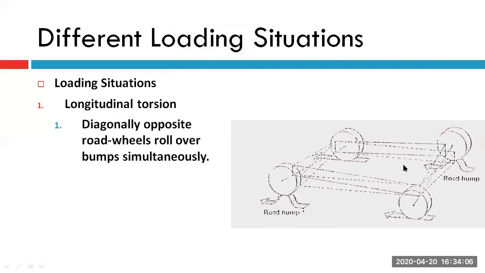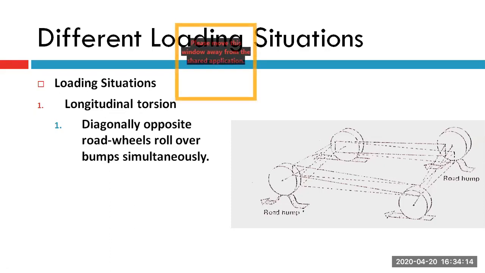This is a loading situation in which the vehicle is subjected to longitudinal torsion. So you can see a diagram on the right bottom side. You can see that it is not traveling on a plain road for one of the wheels that you have. So let us say the vehicle is traveling in this direction. The arrow has been shown.